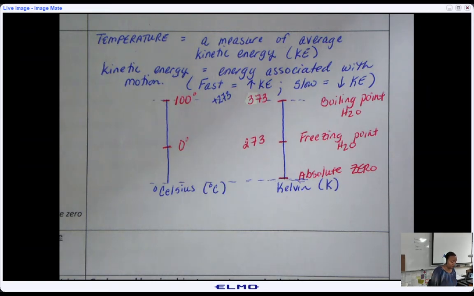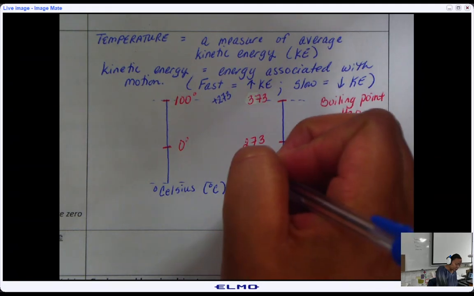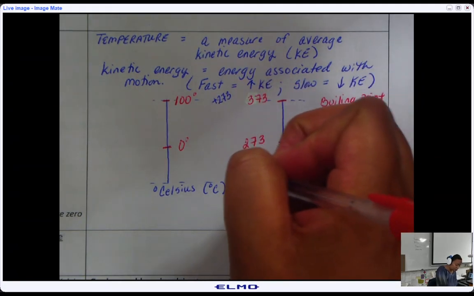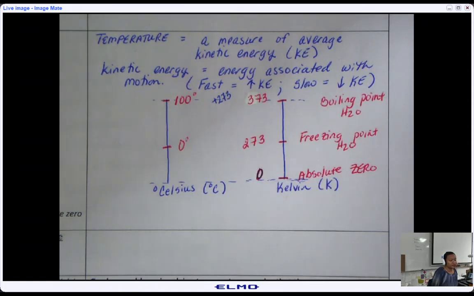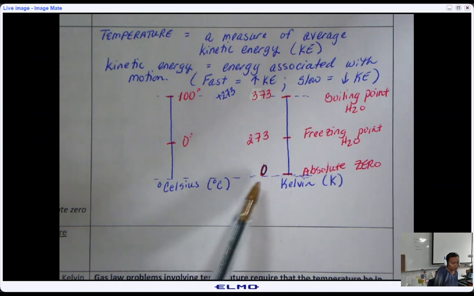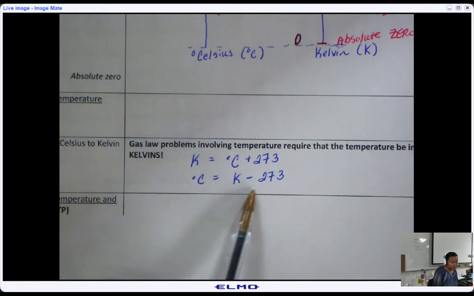All right, now, absolute zero on the Kelvin scale is 0 Kelvin. Okay, this is 0 Kelvin. Okay, so let's try this. If this is 0 Kelvin, okay, on the Celsius scale, what would it be? Keep this in mind.